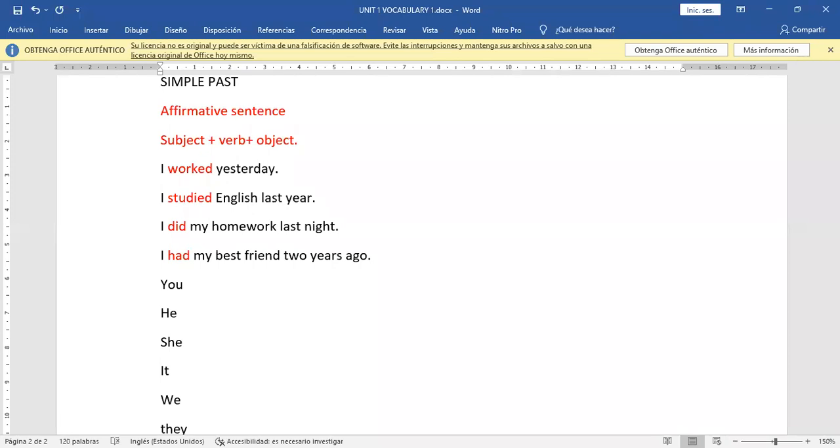You have to organize it like that. I had, I worked, I studied, I did. You need a verb. I worked. You worked. He worked. She worked. It worked. We worked. They worked. Yesterday.